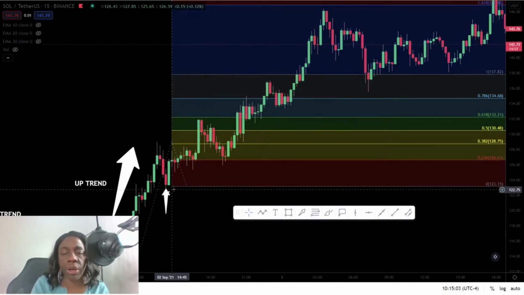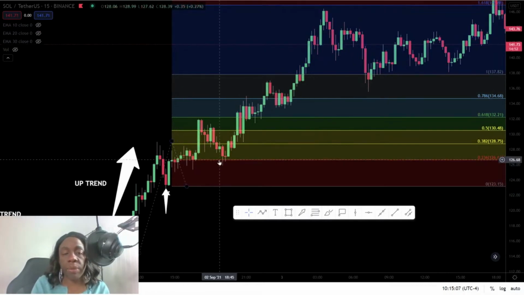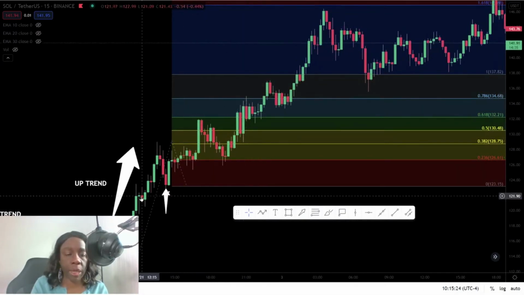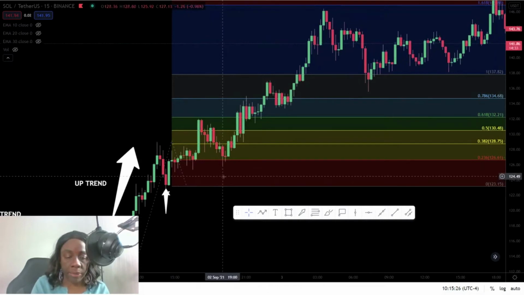So we enter at $123. The first point at which you can exit, according to the Fibonacci extension, is $126. The second point at which you could exit, $128, and so on and so forth. Can you see that?